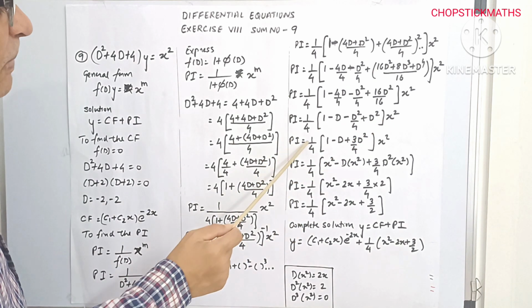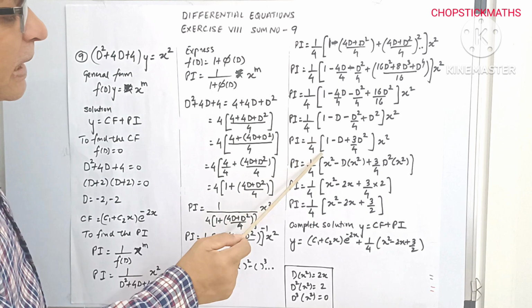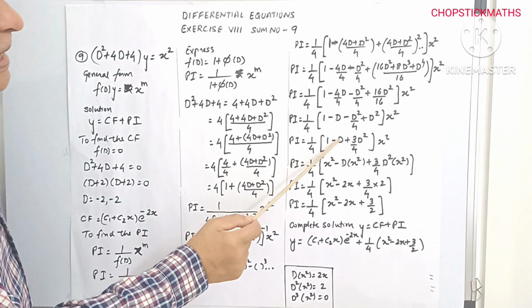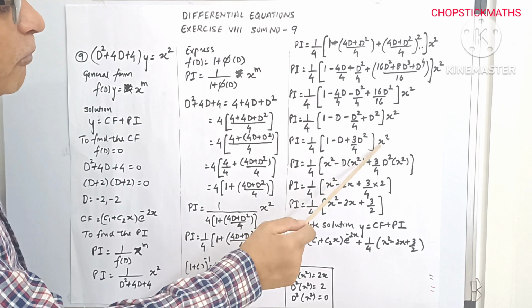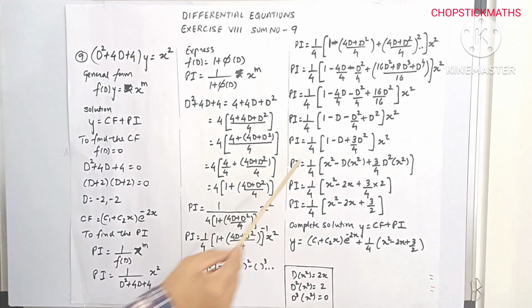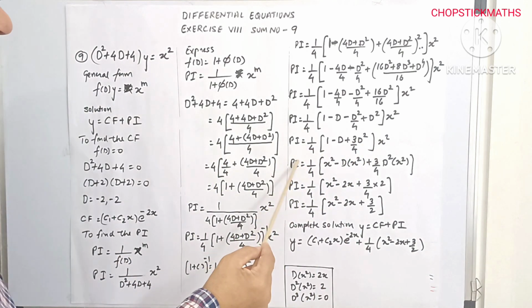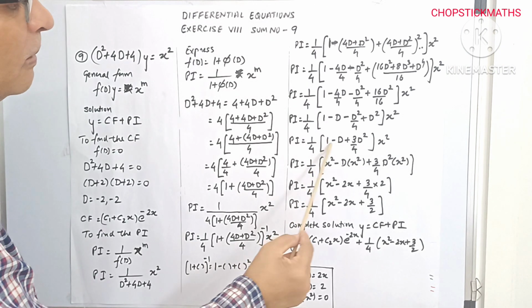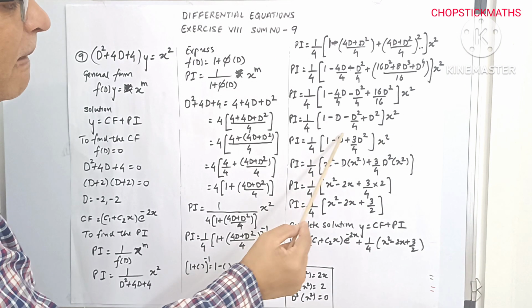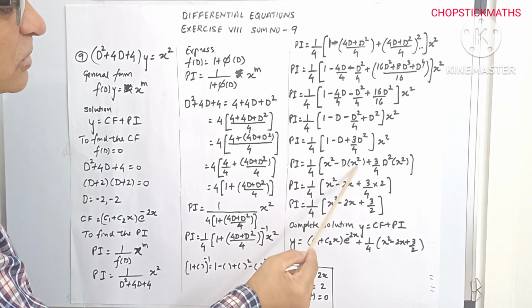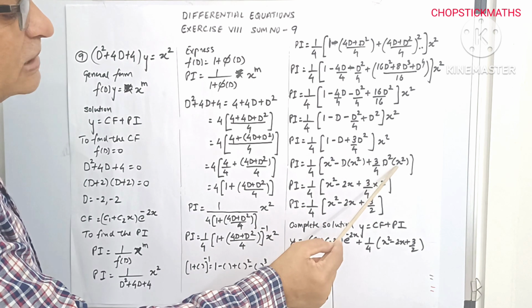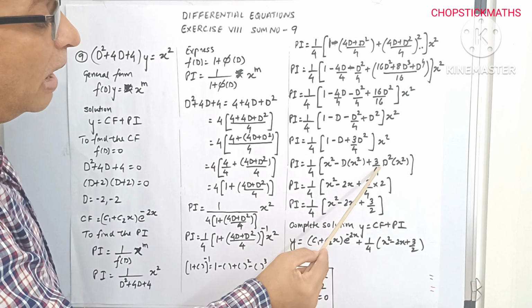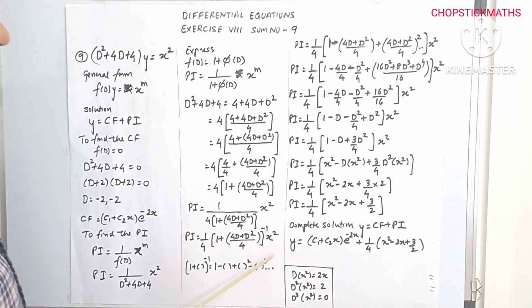So this would be PI is equal to 1 by 4 into bracket 1 minus d, and adding these two like terms we get plus 3d²/4 into x². Now on multiplying we'll get PI is equal to 1 by 4 into bracket 1 into x² is x² minus d into x² is minus dx² plus 3d²/4 into x² is 3d²/4 into x².